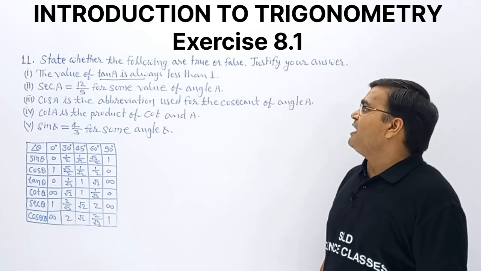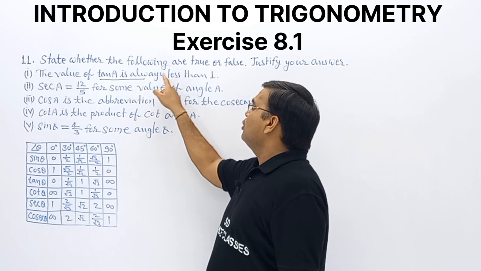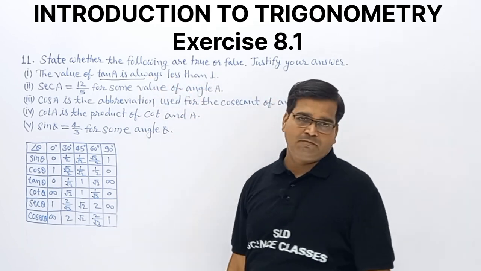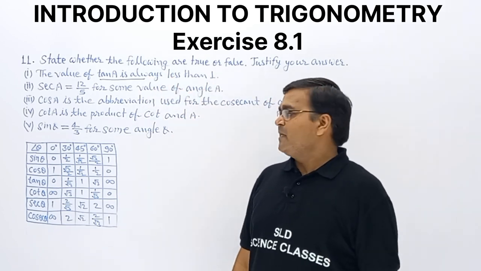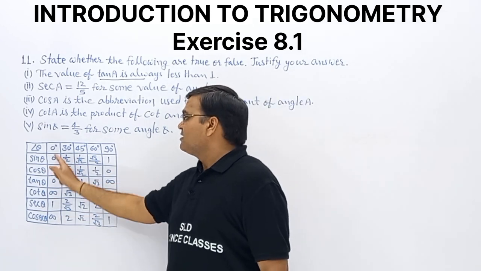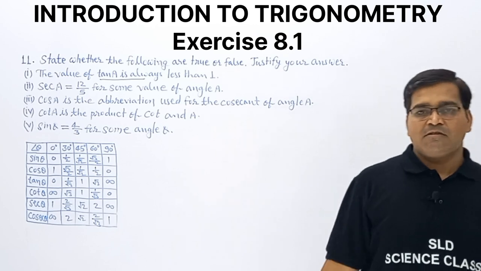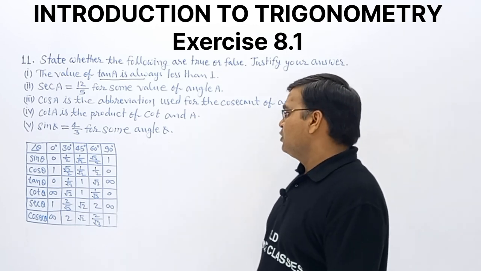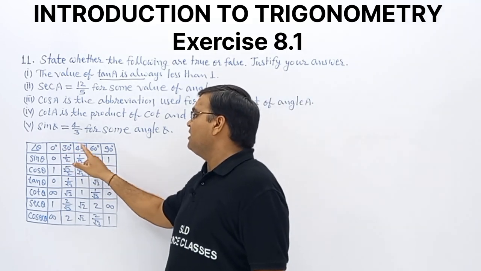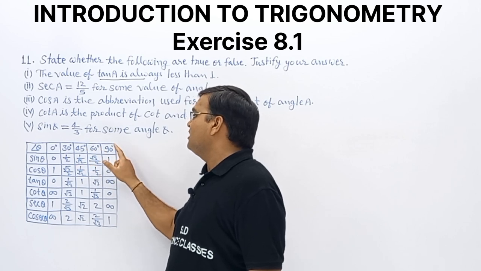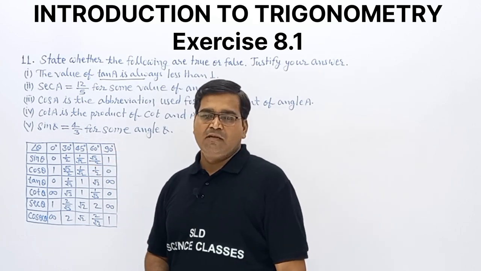The value of tangent A is always less than 1. We studied trigonometric ratios of some specific angles: 0 degree, 30 degree, 45 degree, 60 degree and 90 degree.